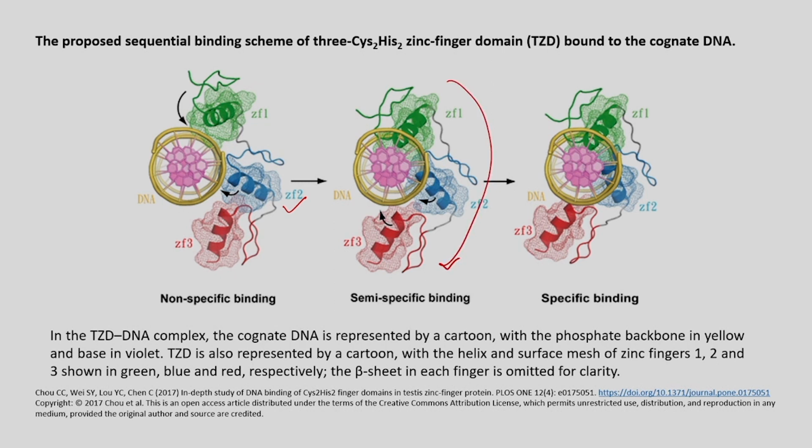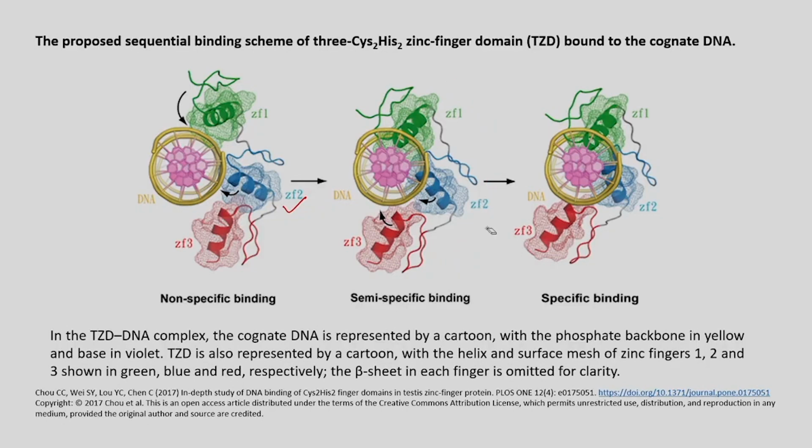It always attempts to find its cognate sequence by reading or interacting with the bases in the core, and if it fails, it will slide to the next location and try to read again.